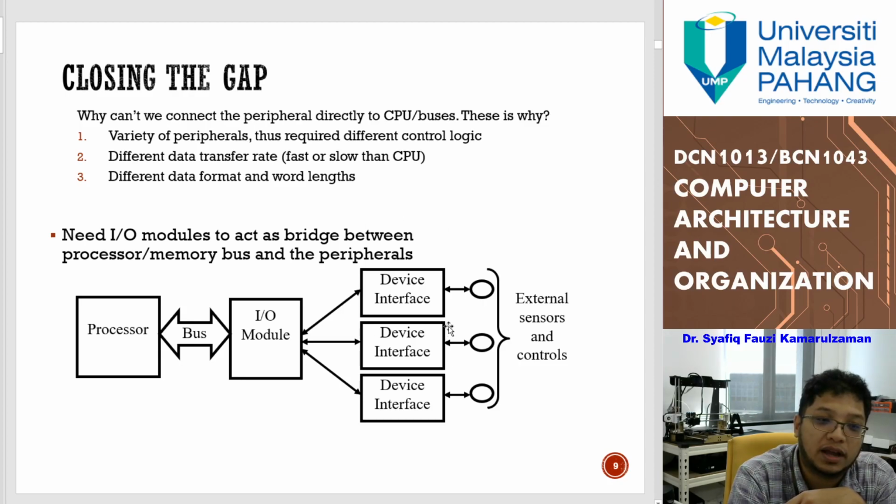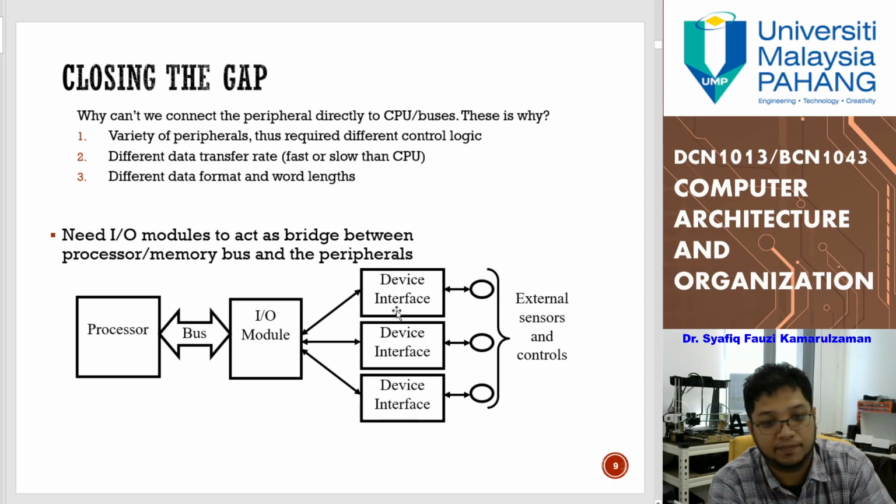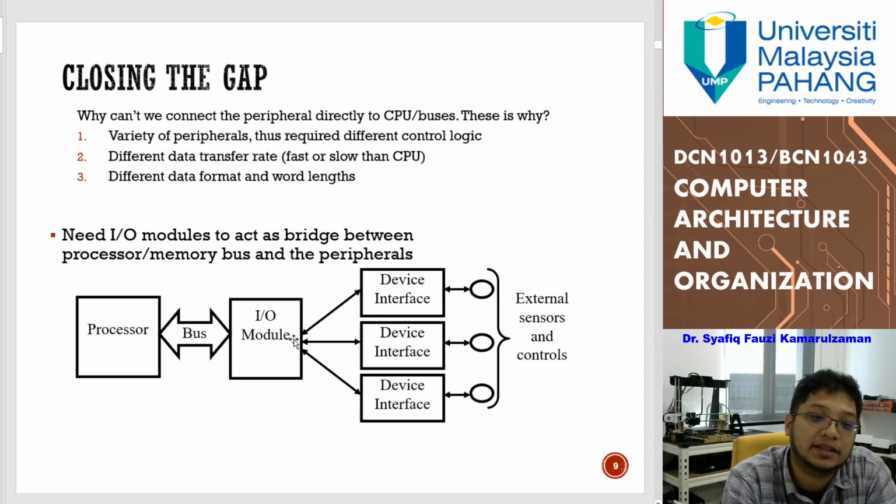Depending on what kind of device, we have different types of interfaces within your PC. All these interfaces are connected to your I/O module, and the I/O module controls the distribution of information from your devices to the processor.